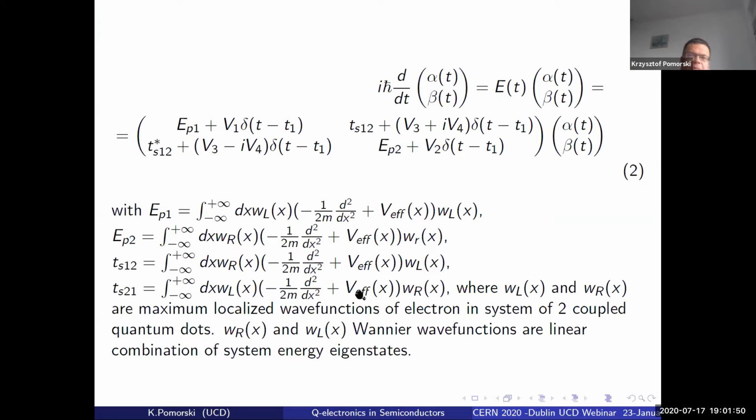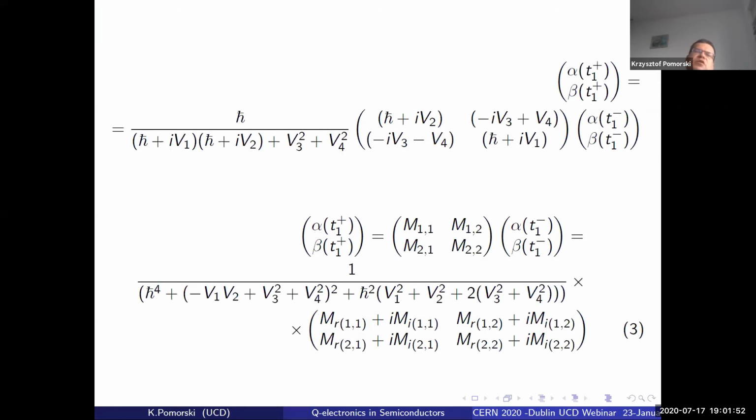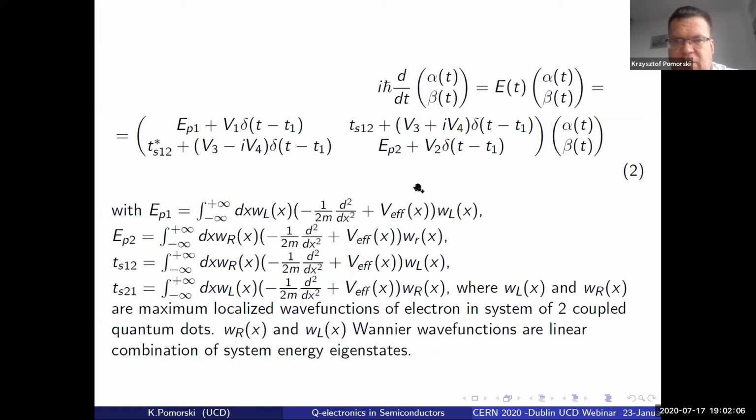Okay, we move on. Yeah, so essentially, now this is an elementary exercise, like one of the exercises that we do during a quantum mechanical course: there will be some discontinuity because of the Dirac delta function.